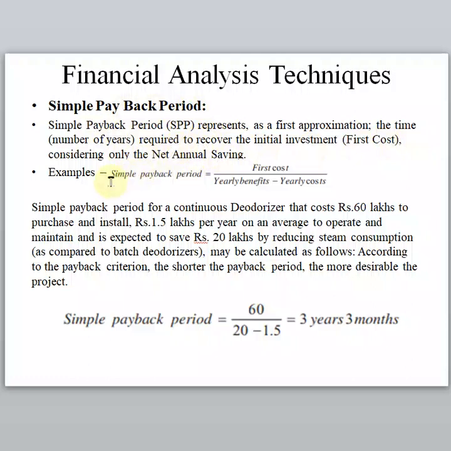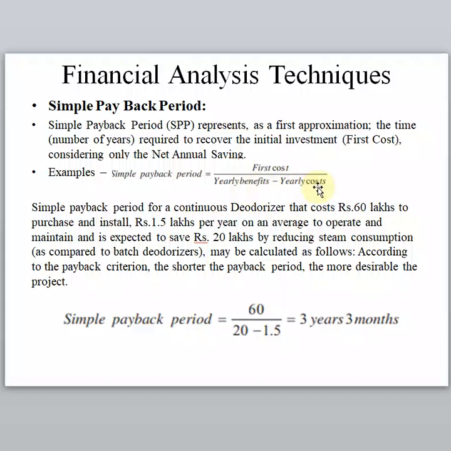So the formula is given: simple payback period equals first cost, that is whatever you have invested, upon yearly benefits minus yearly cost. Yearly benefits are the profits from the industry, whatever profit they are making, minus the yearly cost, which is the operating cost.